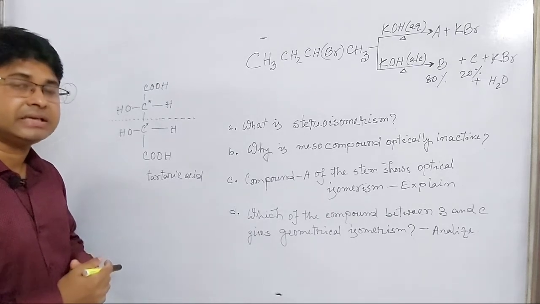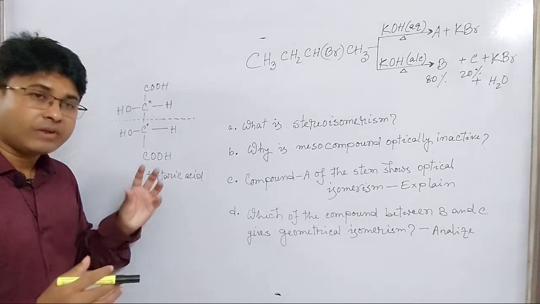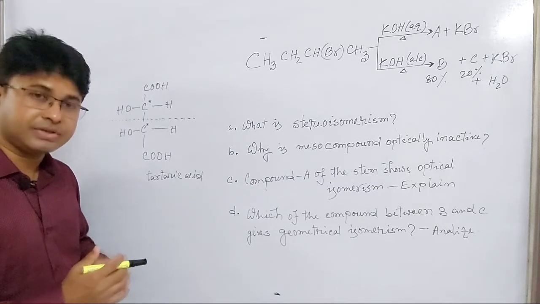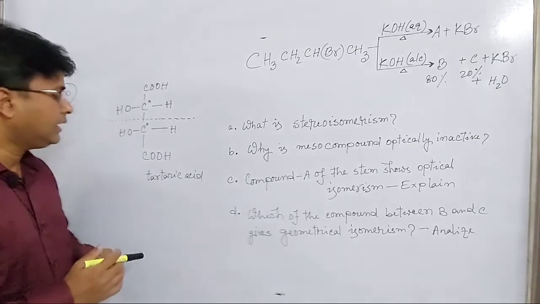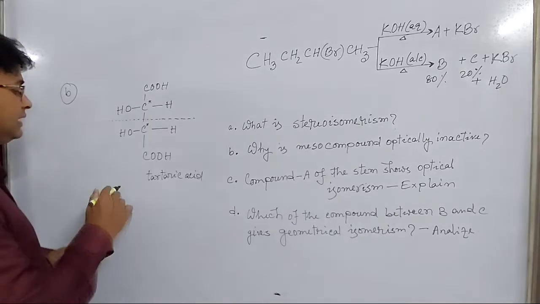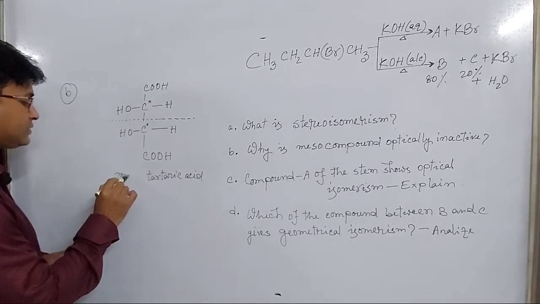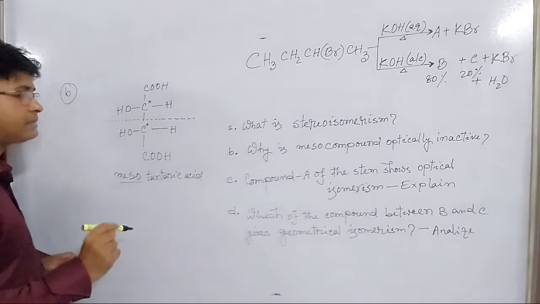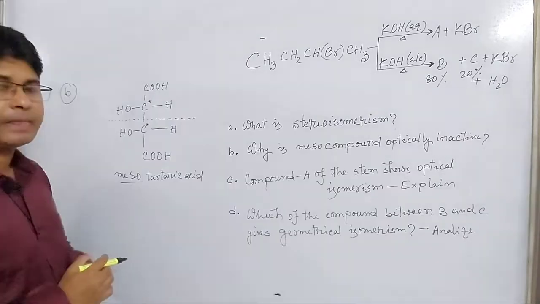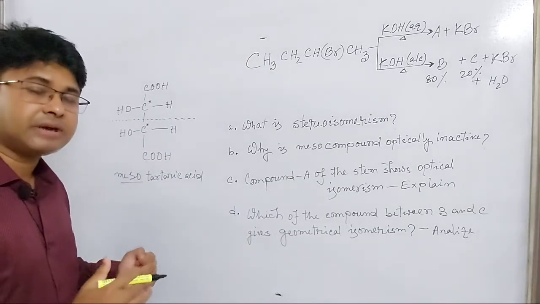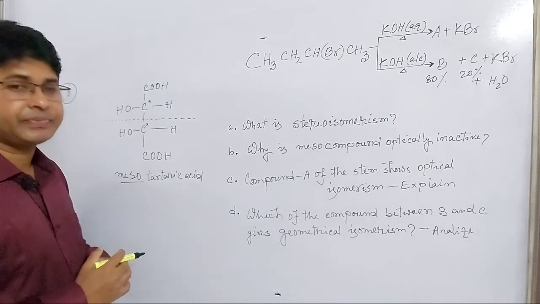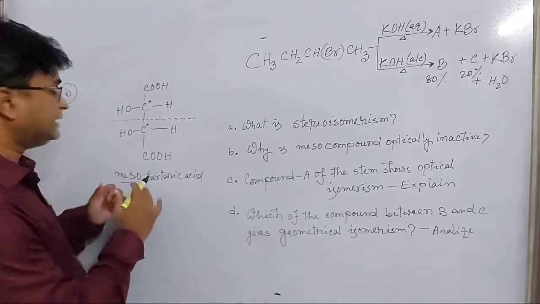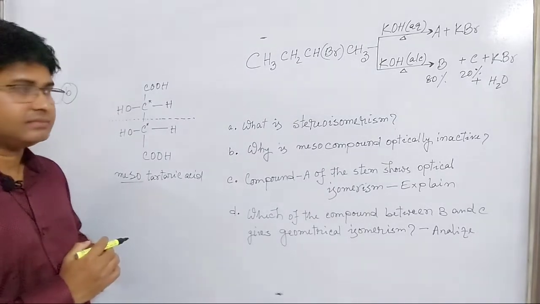As a result, the final rotation of plane polarized light becomes 0. That's why this tartaric acid is known as mesotartaric acid. Mesotartaric acid is an optically inactive compound. Actually, this optical inactivity happens due to internal compensation.